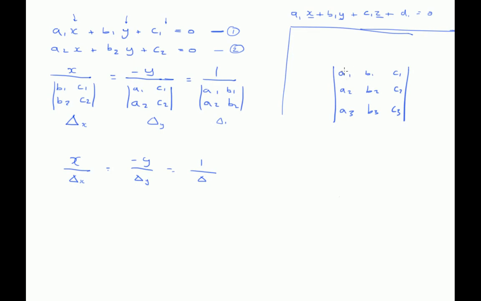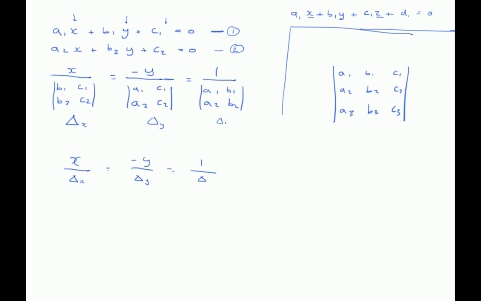For example, A1 is common to this row and this column, so A1's minor will be this group of coefficients here, B2, C2, B3, C3.